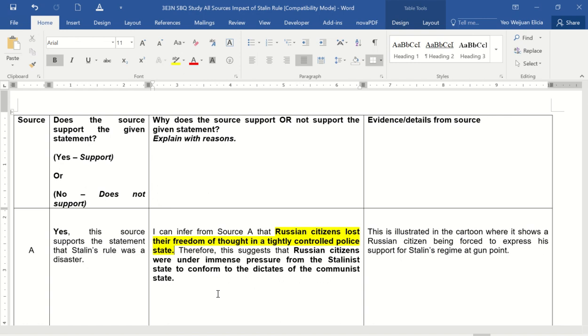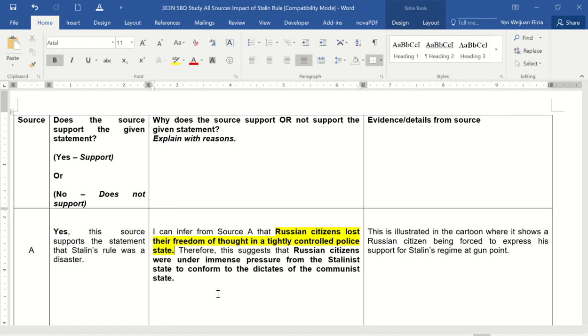So we have looked at source A, which shows you the cartoon, where you have the Soviet soldier actually holding a gun, forcing the citizen to say that they are happy. So are they truly happy? No. So how does the source support the statement that Stalin's rule is a disaster?